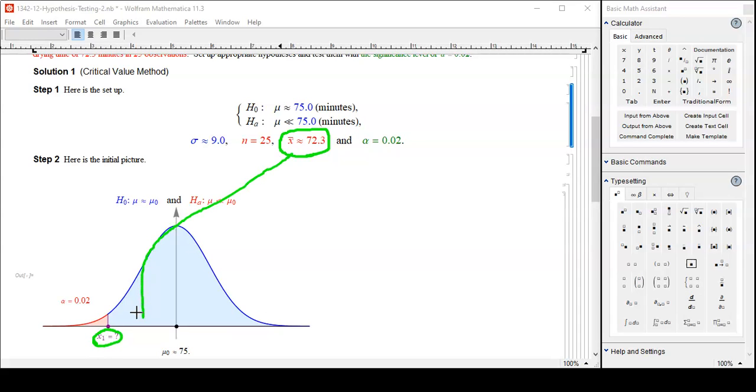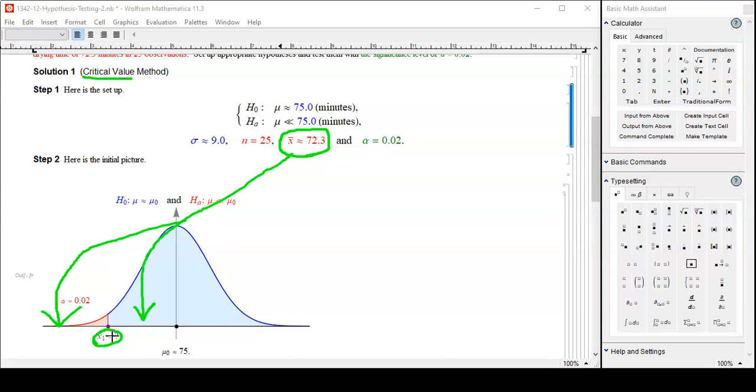So if it falls here, then it is close enough to the null, so the null wins. We will accept the null hypothesis. Now, if it falls here in the red region, then it is too far away from the null, so I will throw away the null and accept the alternative hypothesis. And that threshold is right here, the critical value.